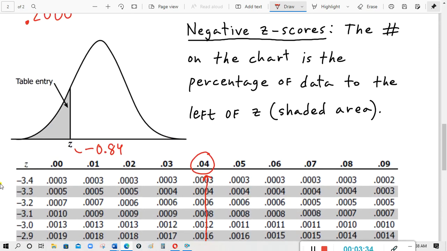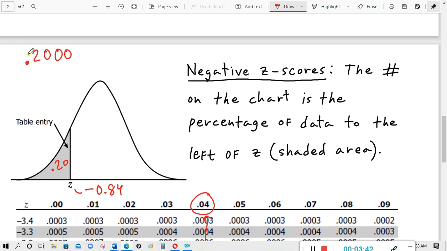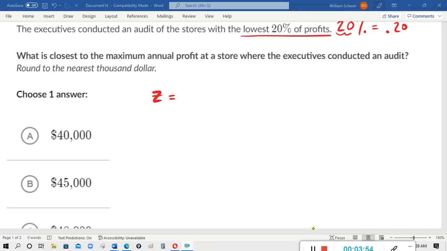Okay, and this area here is 20% or 0.20. So we're actually working backwards here. They give us the area and we want to find the z-score. Okay, so we're going to use z equals negative 0.84.